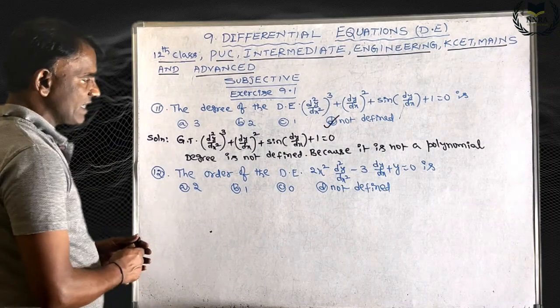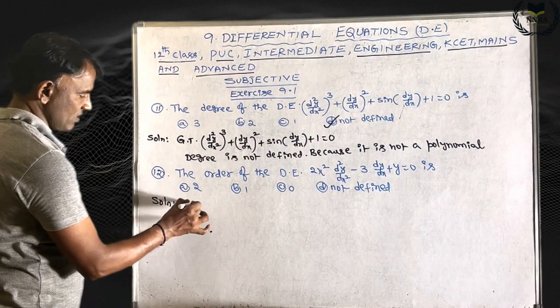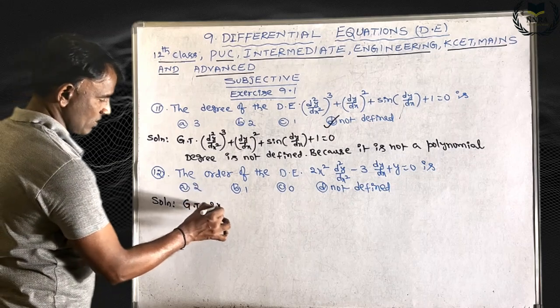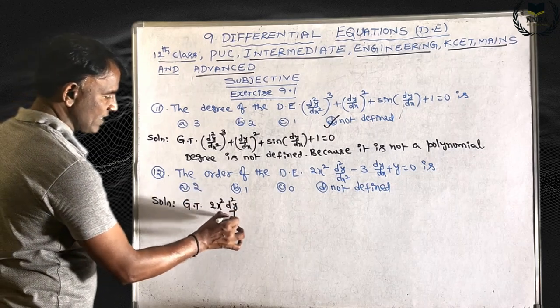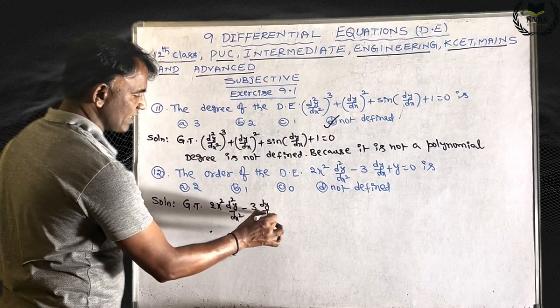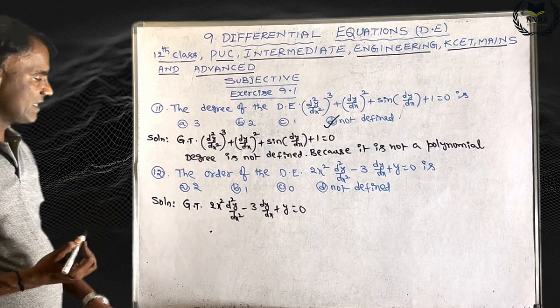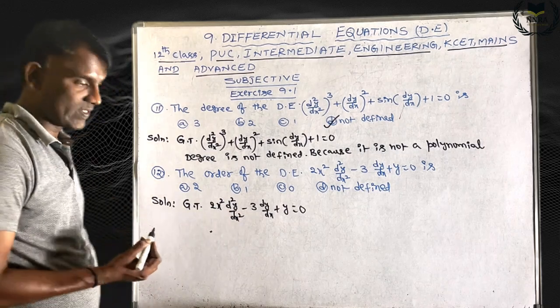So this is question number 12. They asked only order. So first we write the given differential equation. Given that 2x square d square y by dx square minus 3 into dy by dx plus y equal to 0. So which is the highest order derivative here? d square y by dx square.